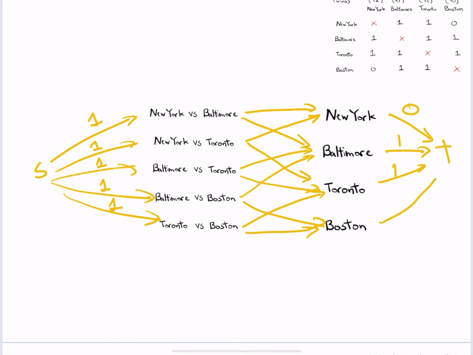And Boston, I want them to win as much as possible, so I won't put any capacity. So I'm trying to allocate wins, but I've put a limit on how much each team is allowed to win. If I'm able to allocate all the wins while obeying those limits, then there is a way for Boston to get there. If I can't, then Boston cannot. I can do the proof more slowly, but there's no time. But the idea is we're allocating wins.